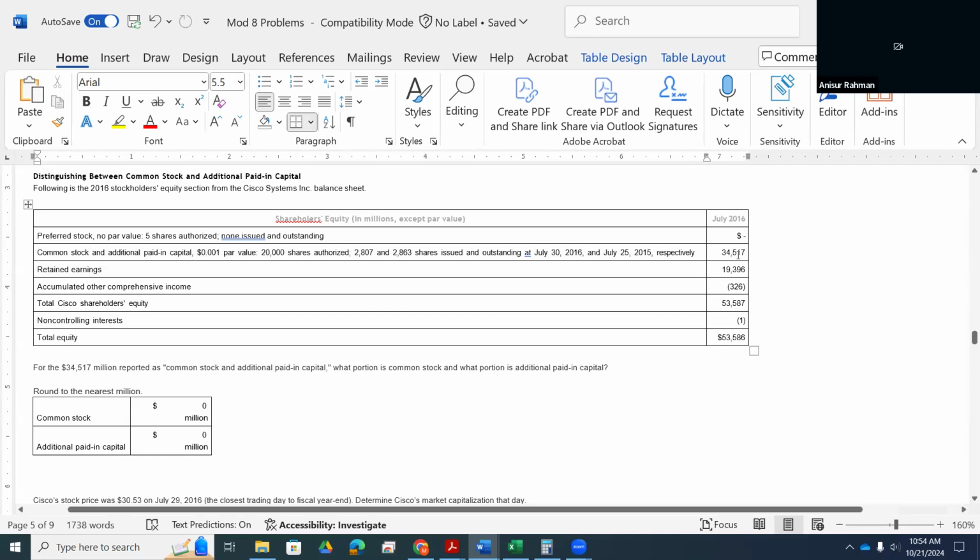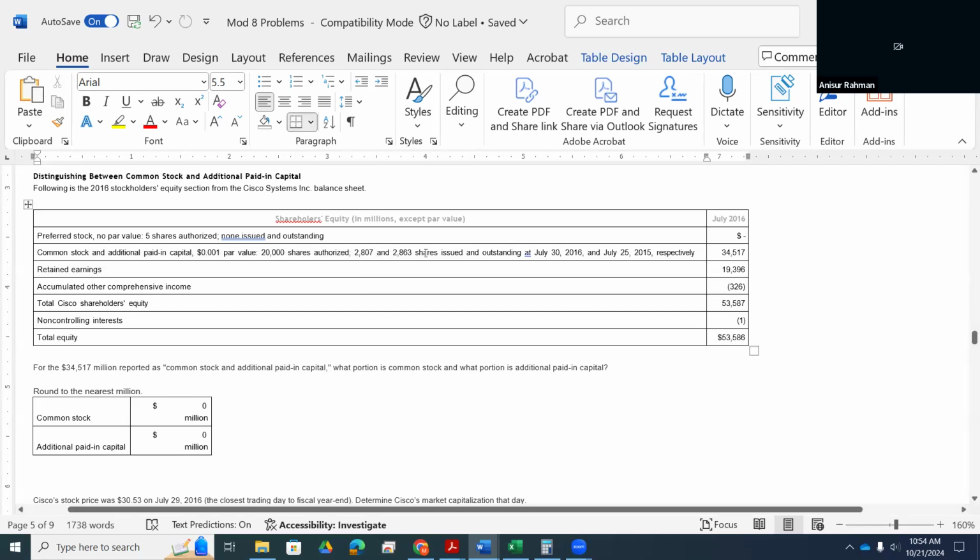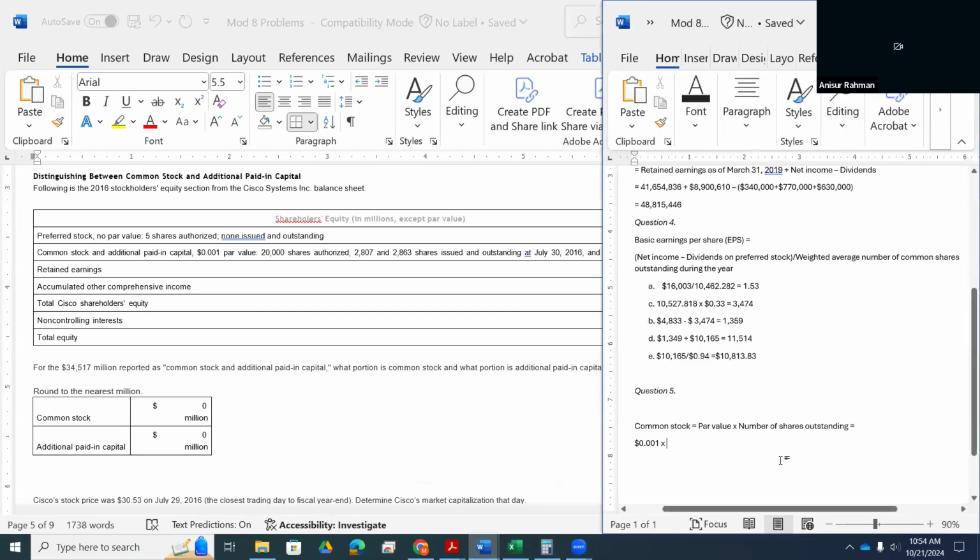So we have only 1 year of data, so I will assume this is for 2016. So 2,807 shares in millions. So 2,807 million.